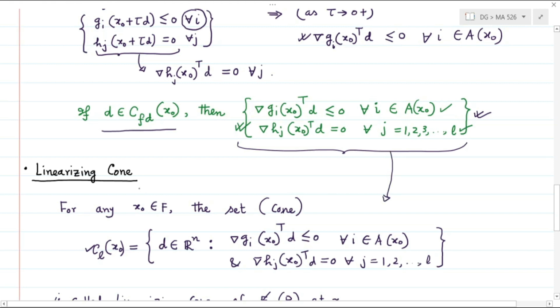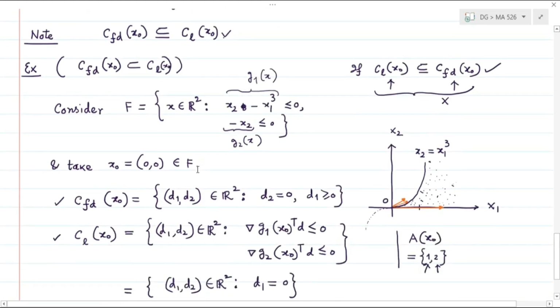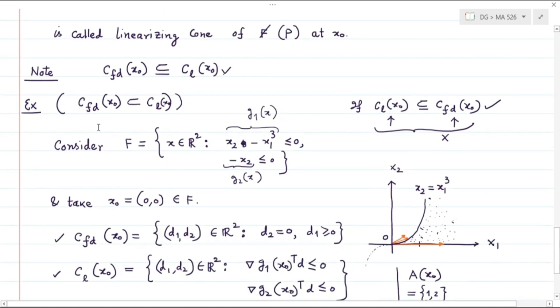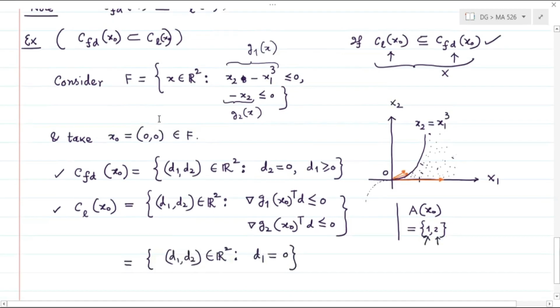Note that the linearizing cone definition does not assume that D is taken from CFD, because in the definition of CL, D is any direction in Rn satisfying these two inequalities and equality. That is the definition of the linearizing cone. CFD by definition is a subset of CL, but in general CFD is not equal to the linearizing cone.